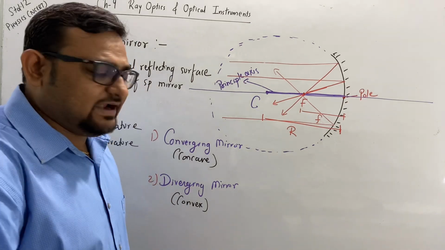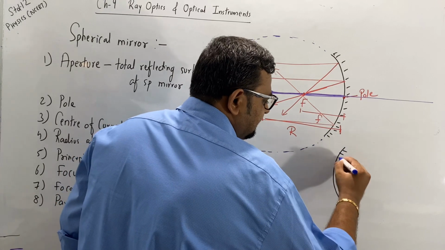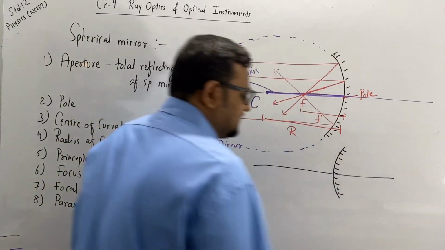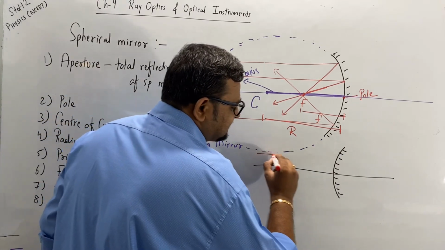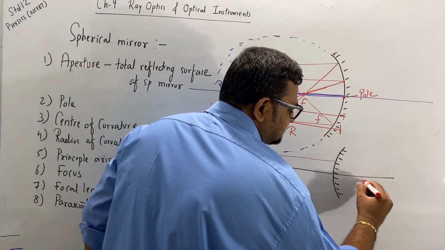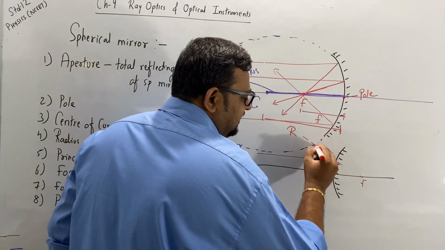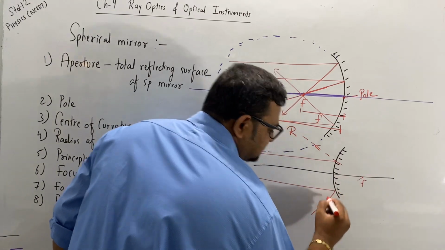And if I take convex mirror, okay, this is the principal axis. See what will happen when parallel rays are incident. This is the focus. Okay, they are appearing to diverge from the focus.